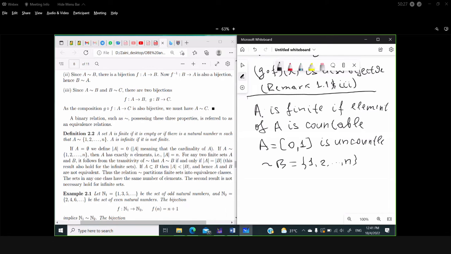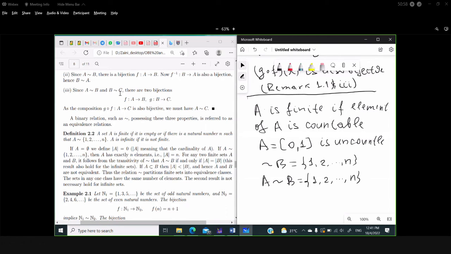So currently what they say is: a set A is finite if it is empty, or there is a natural number n such that A is equivalent to the set of natural numbers up to n. So this is the finite set definition.